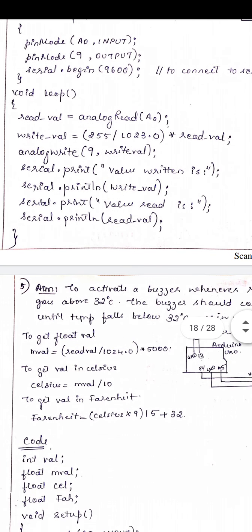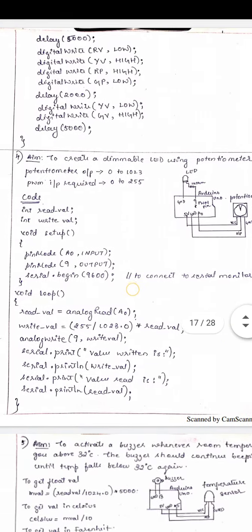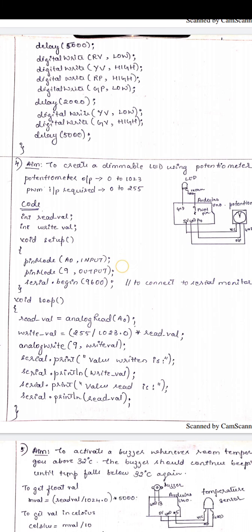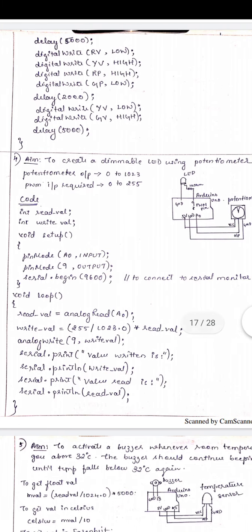And then you have Serial.print. I will print whatever value is written and whatever value is read on my serial monitor. So you can see these print statements continuously appearing on your serial monitor. Whenever you change the value of your potentiometer, the LED will either dim or brighten based on the value your potentiometer reads. So it's a very simple project.